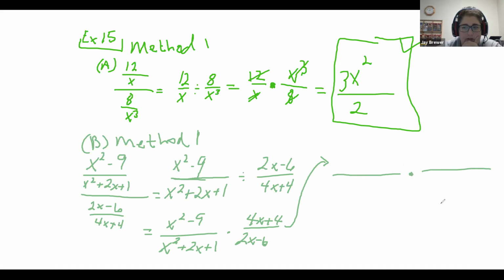There are 4 things that need factored. The top one, it's x plus 3, x minus 3. There you go.